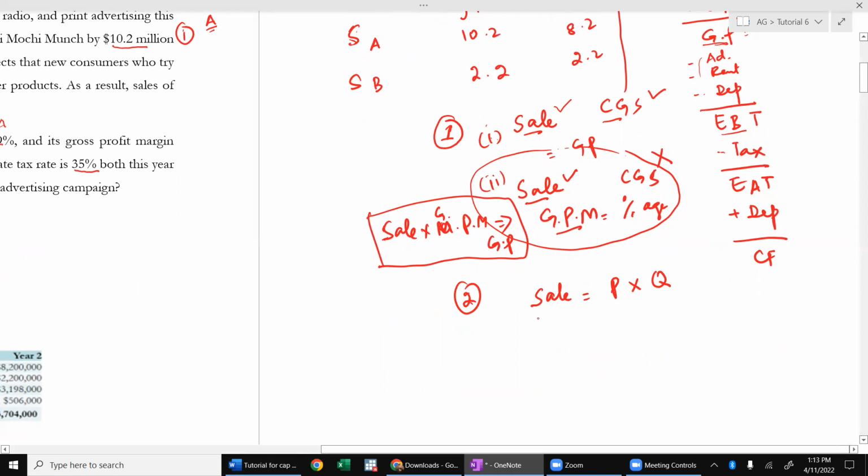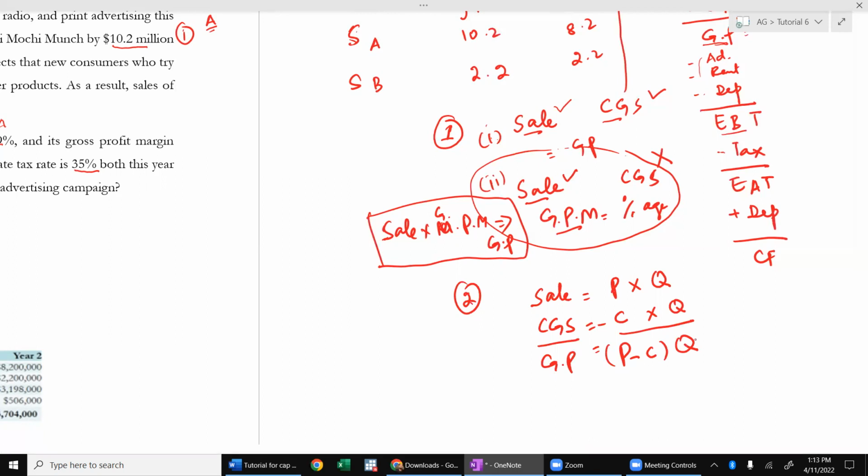Correct me if I'm not right. Then CGS is equal to cost multiplied by quantity. Similarly, we can estimate gross profit: it will be P minus C multiplied by Q.